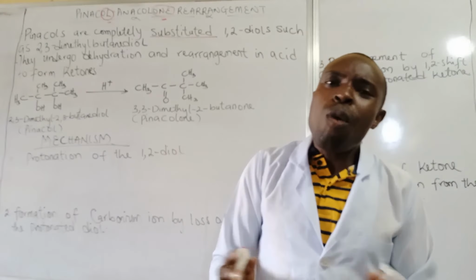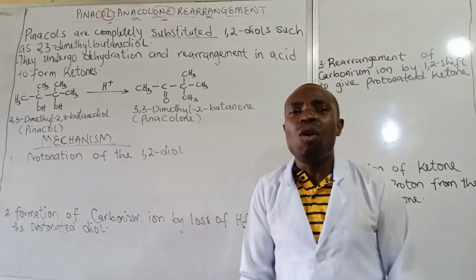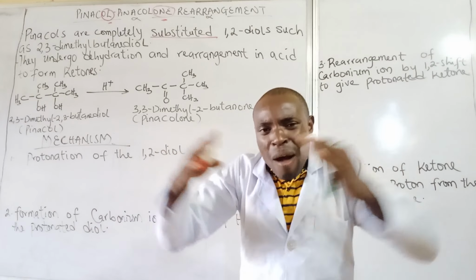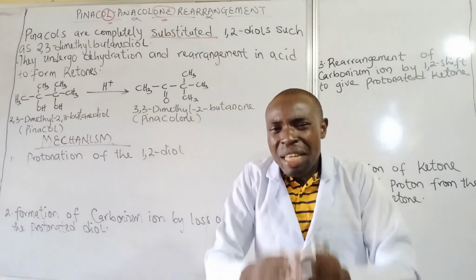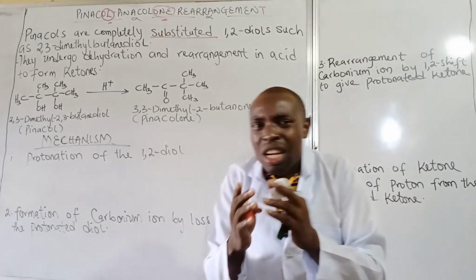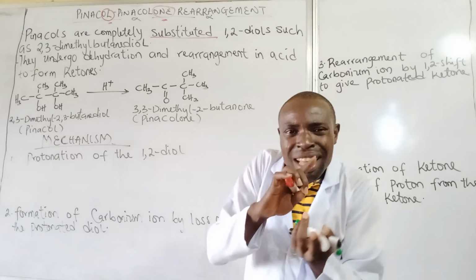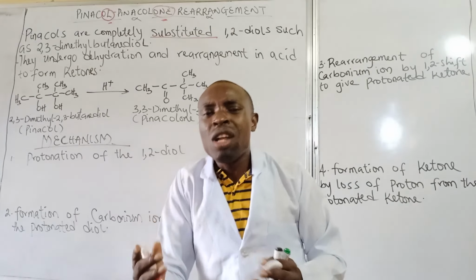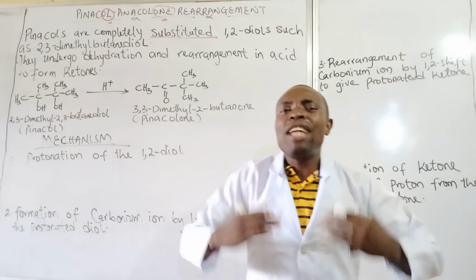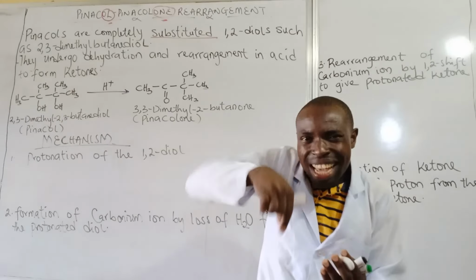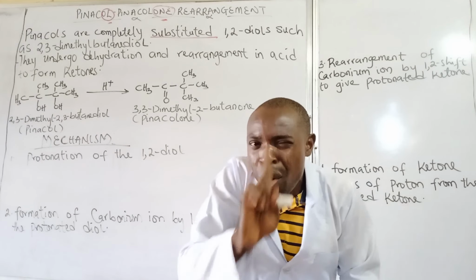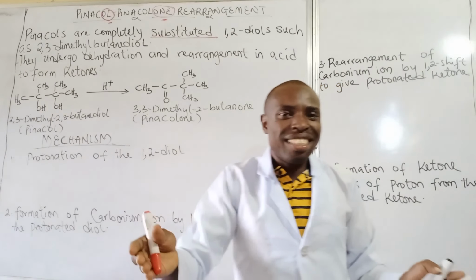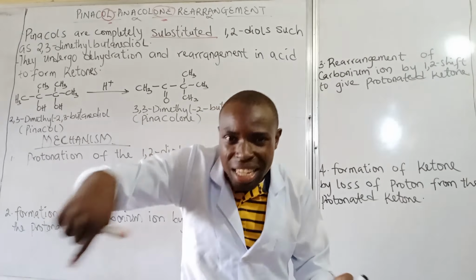Now don't forget that 1,2-diol or 2,3-diol all fall under a family of diols which we call the vicinal diol, in which the hydroxy groups are on adjacent carbons, unlike the geminal diol in which the two hydroxy groups are located on only one carbon atom. So that's the difference between a geminal diol and a vicinal diol.